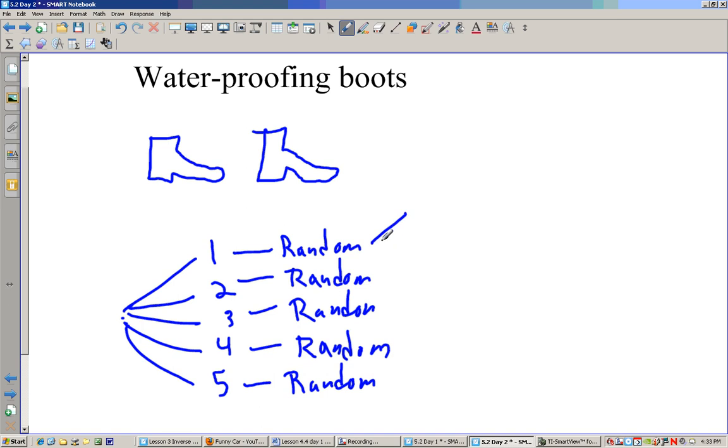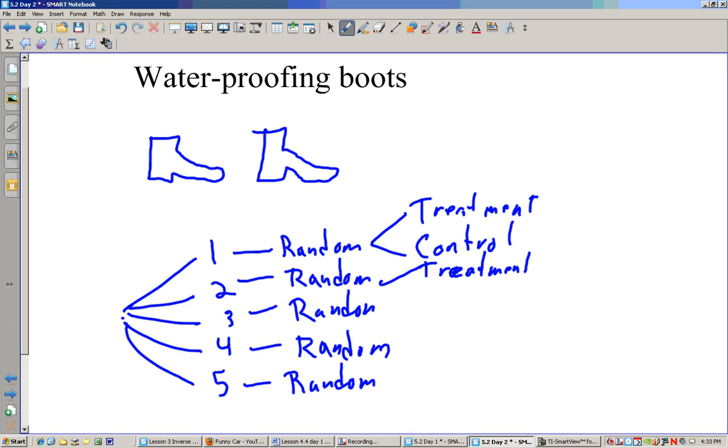So sometimes maybe the left boot will get the treatment, meaning the new waterproofing, and the other boot will have the control, which will be the old method of waterproofing. So in each of these groups, one of them gets the treatment and the other one gets the control.